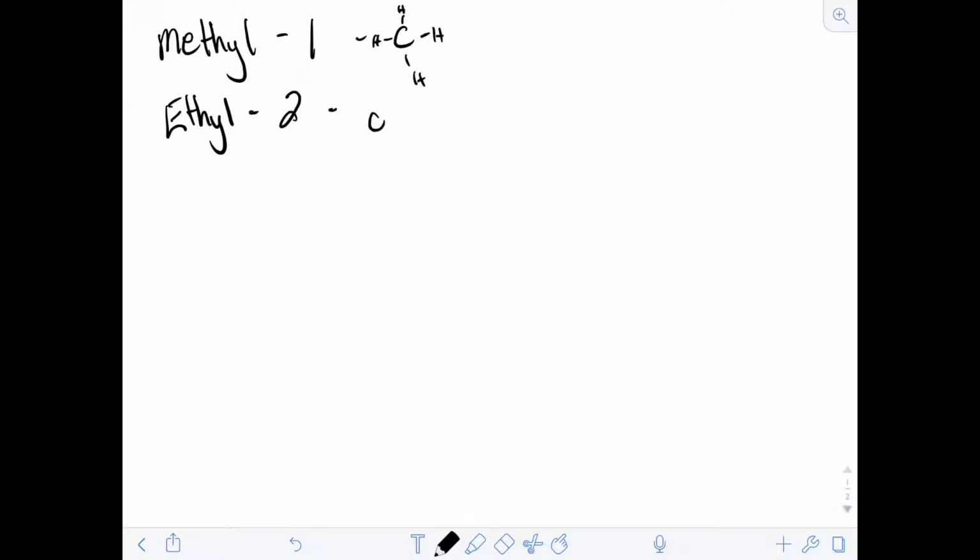So I'd say if we're going to start with the very basics, we've got methyl, which is one carbon, and that looks something like this. So a carbon covalently bonded to 3 hydrogens. Then we've got an ethyl, which is 2 carbons combined to one another.